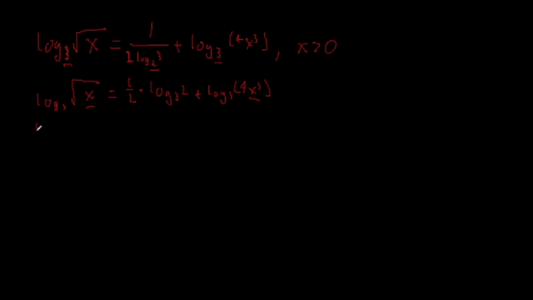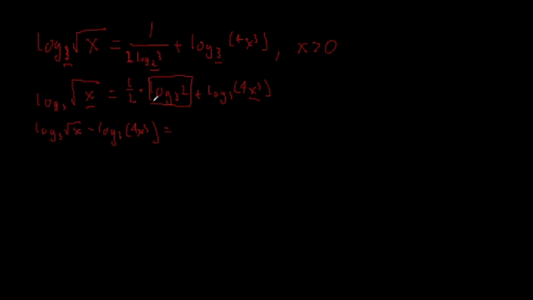So we're going to say that log base 3 of x times the square root of x minus log base 3 of 4x cubed is equal to, and what we want to do in this problem is take this 1/2 and put it back as an exponent of the logarithm right here.